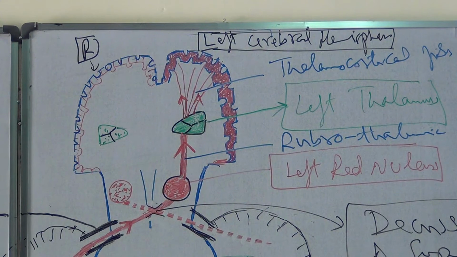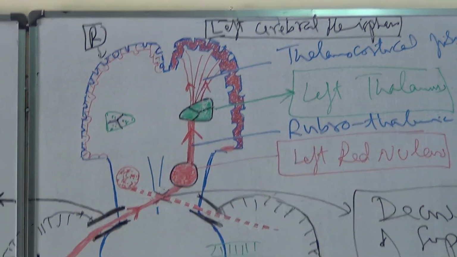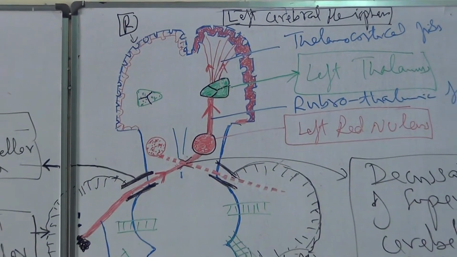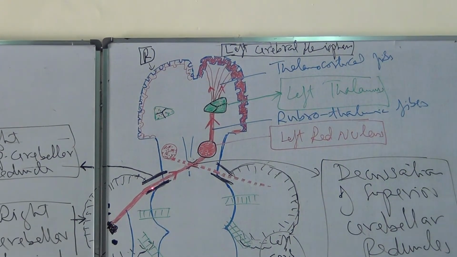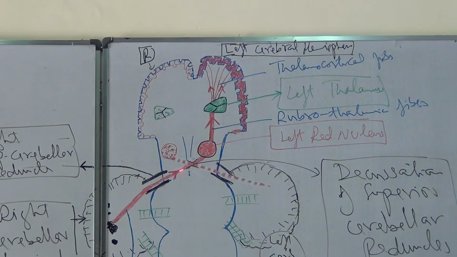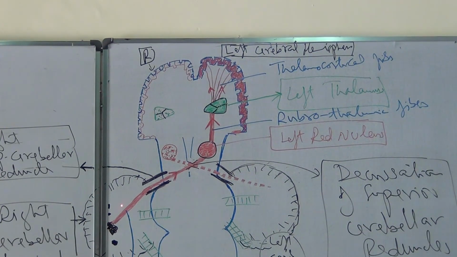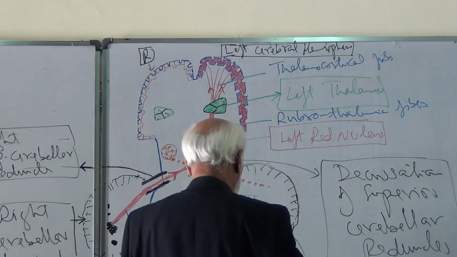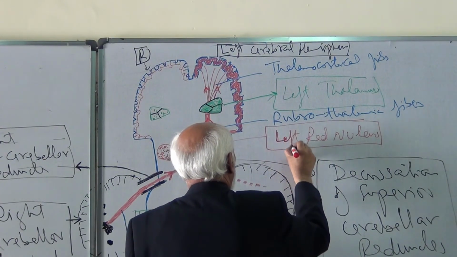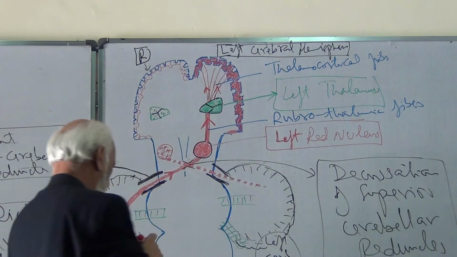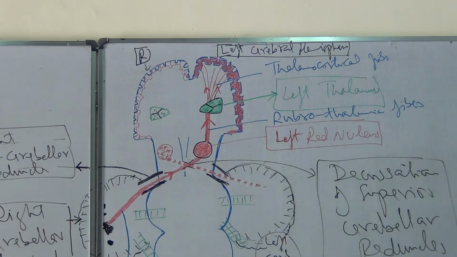So again I will repeat, we are tracing the fibers from the nuclei of the right cerebral hemisphere. So the fibers known as the cerebellar fibers, which connect the right cerebellar hemisphere with the left red nucleus via right superior cerebellar peduncle.